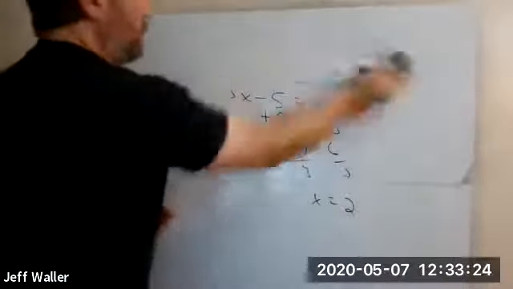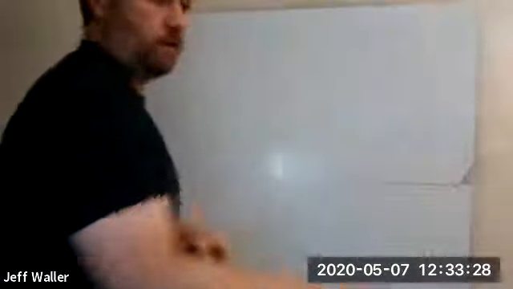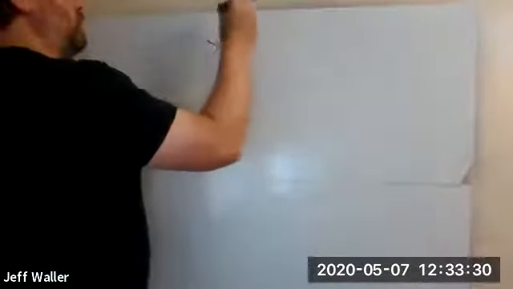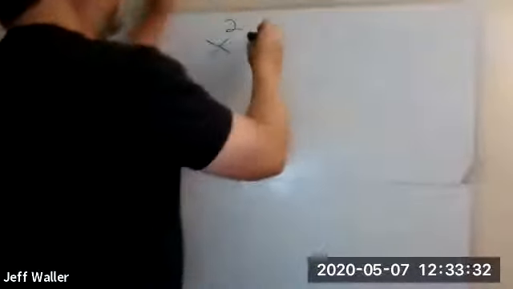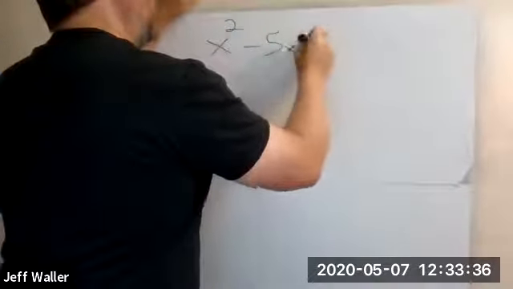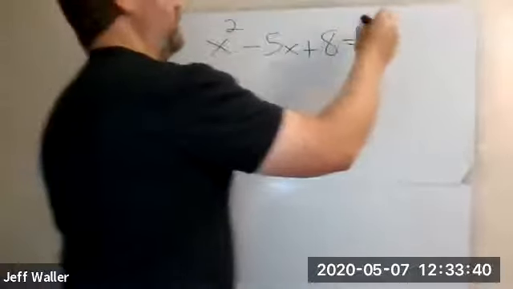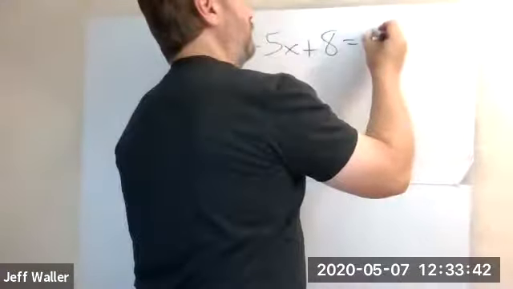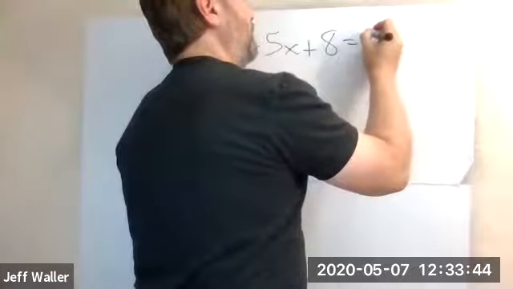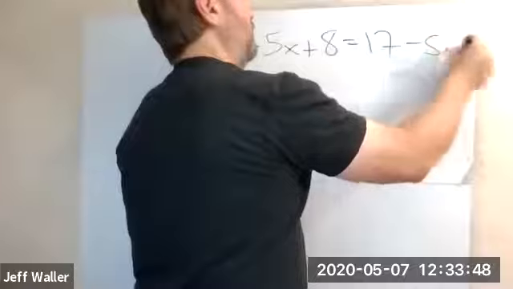So if I have a problem that's like this, let's say I have x squared minus 5x plus 8 equals 17 minus 5x.